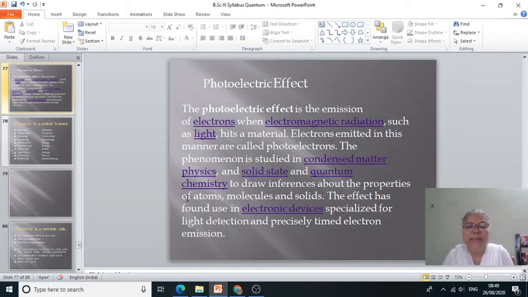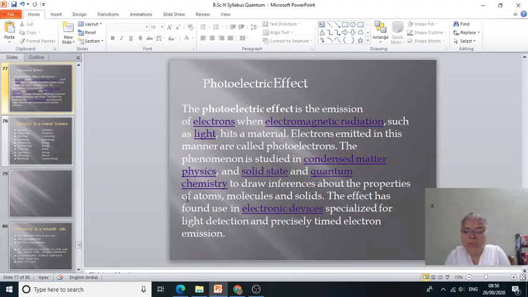Then in 1905, the scientist Albert Einstein explained the photoelectric effect by applying Planck's hypothesis. That means when a photon of light of frequency nu zero strikes an electron in a metal, it imparts its entire energy to the electron.